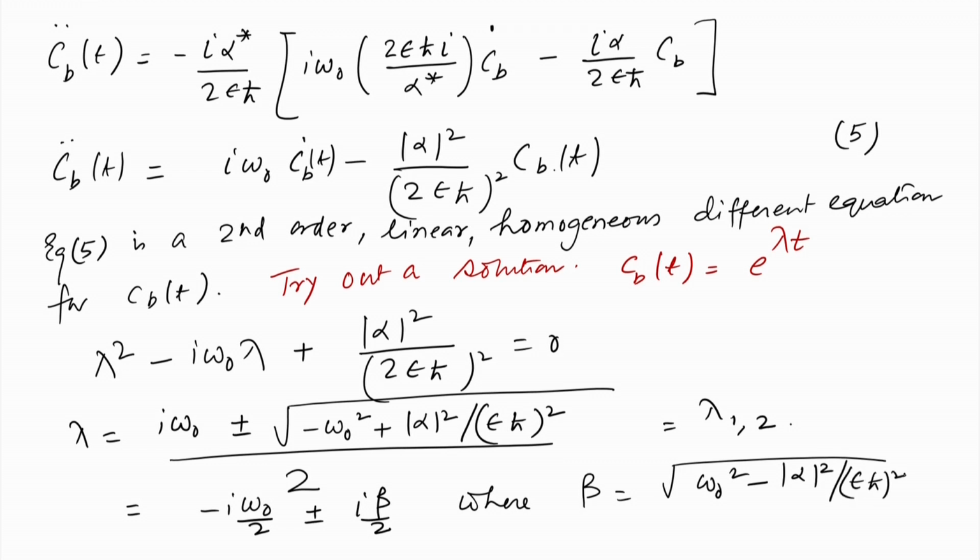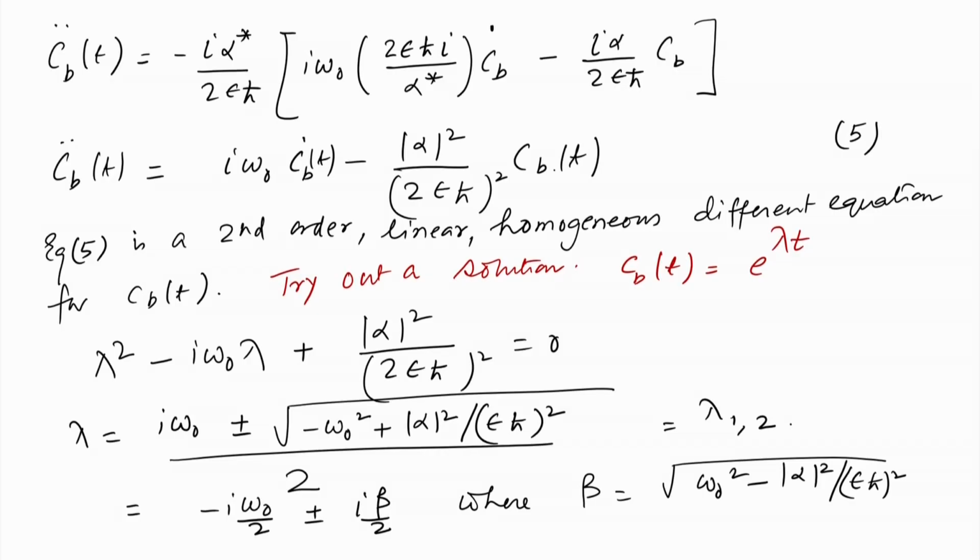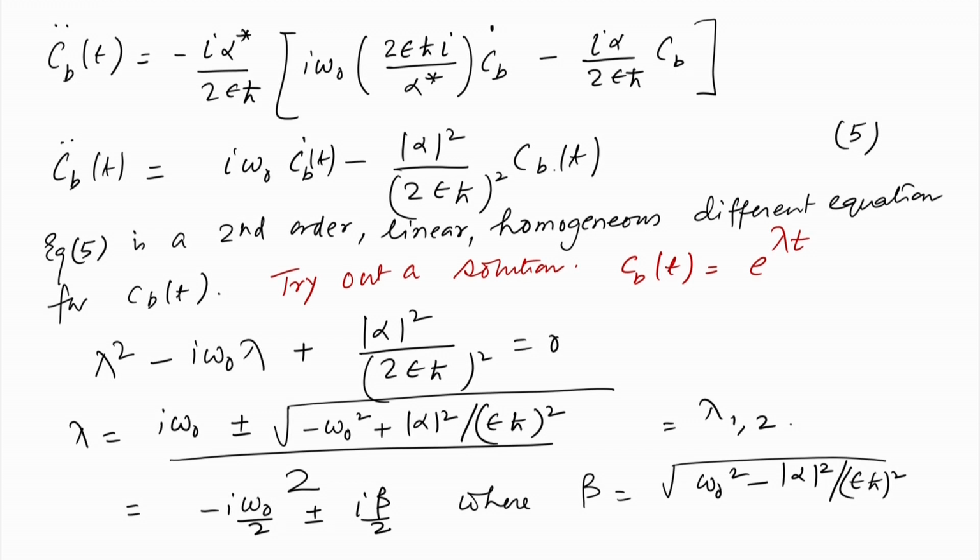So, just to remind you, omega naught is the energy difference between the two levels, alpha is the space part of the perturbation term or the matrix element of the perturbation term, and of course, epsilon comes from the definition of the delta function, which is very important. So, if you see a problem in which there is a delta function type perturbation, either in a two level system or otherwise, one should be able to find out a definition, and here this particular definition has been used.